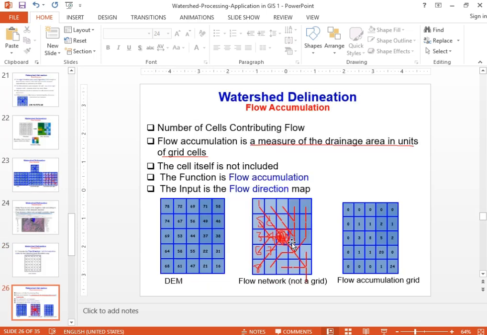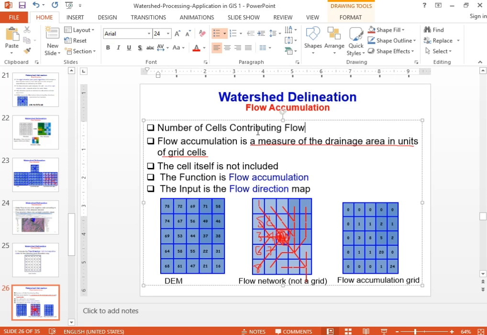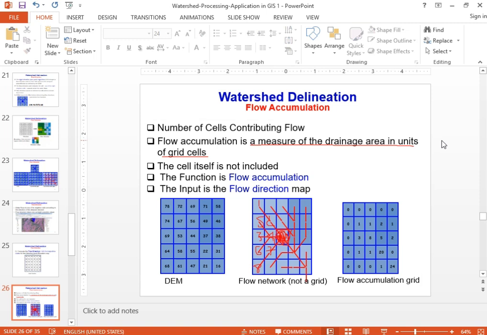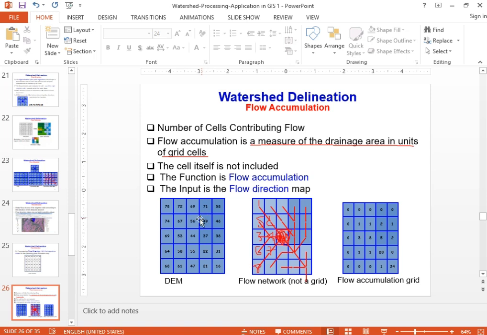And the other is flow accumulation, the number of cells contributing flow. When we are talking about flow accumulation, we are talking about the number of cells contributing to flow. The flow accumulation is a measure of the drainage area in units of grid cells.